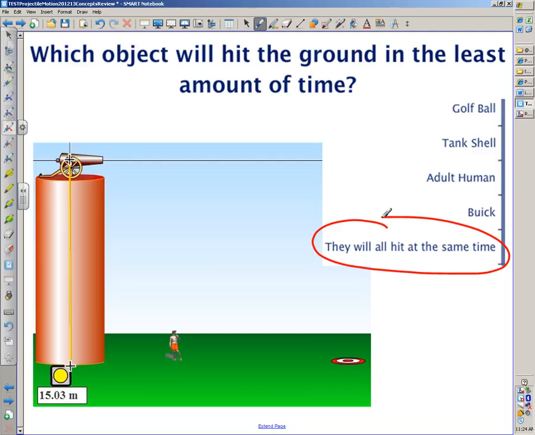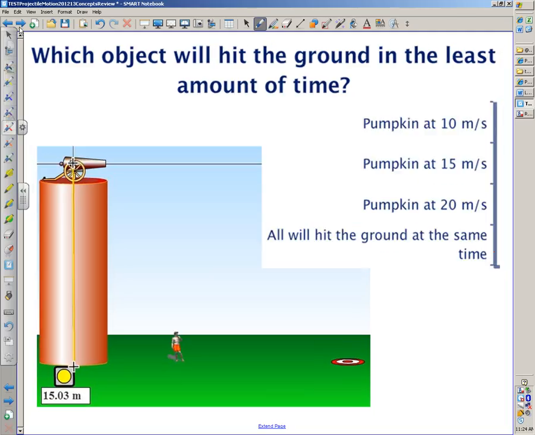Okay? Next question. This time I'm going to shoot a pumpkin out of that cannon, except the first time I'm going to shoot the pumpkin out at 10 meters per second, second 15 meters per second, third 20 meters per second. Which one's going to hit the ground first, or which one's going to take the least amount of time to get to the ground?